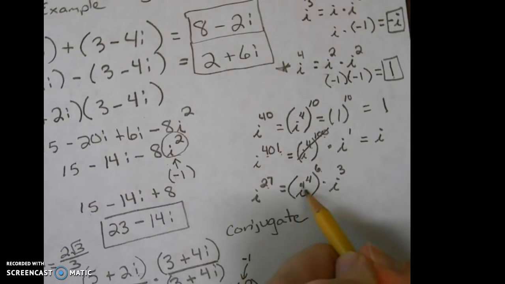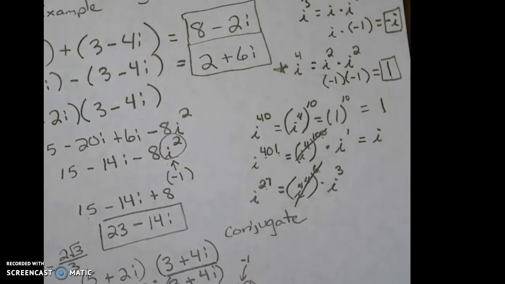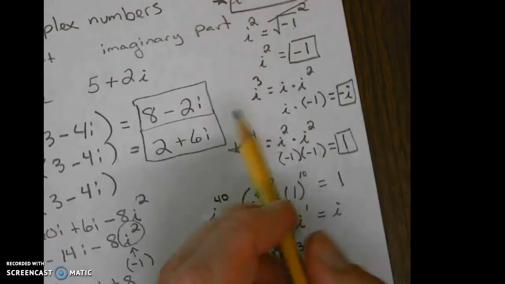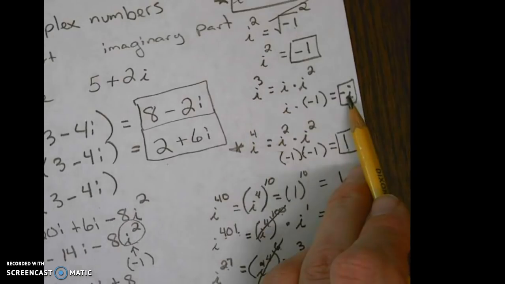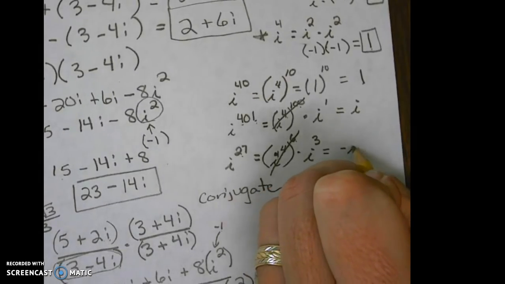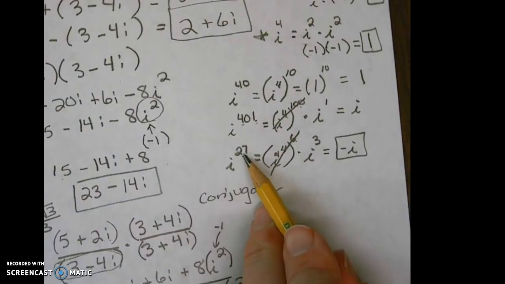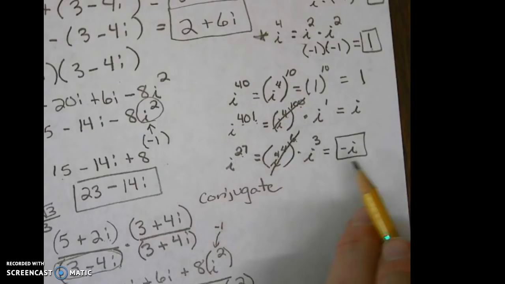So I know that this is going to be 1. 1 to the 6th power is 1. Okay, and 1 times I to the 3rd, we know that I to the 3rd, if we look back up here, is negative I. So I to the 27th power simplifies to negative I.